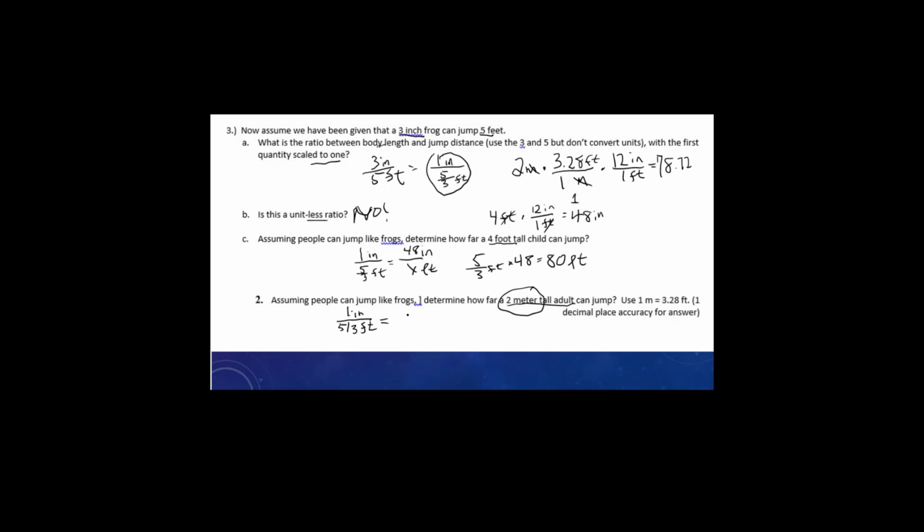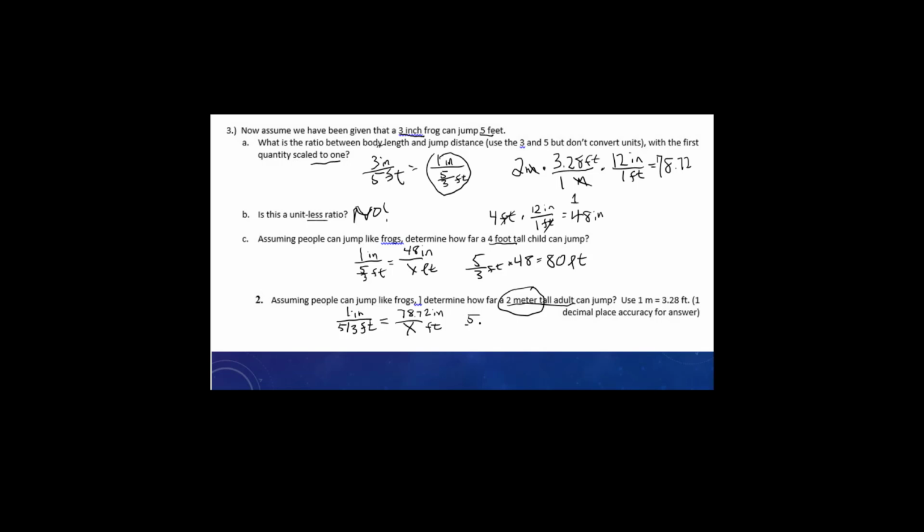And so now I'm going to come down here. And I know the length of the person is 78.72 inches. I'm going to find out how far that person could jump. And I'm going to get my answer in feet. Notice inches to feet, inches to feet. So again, I'm just going to multiply both the numerator and the denominator by 78.72.